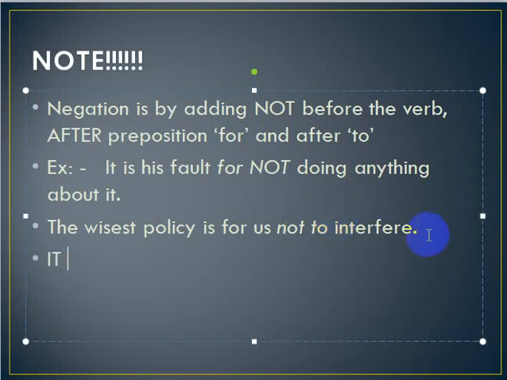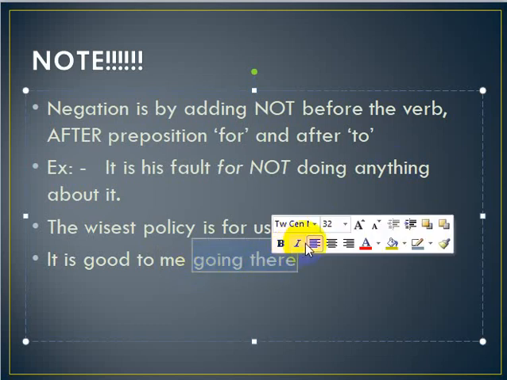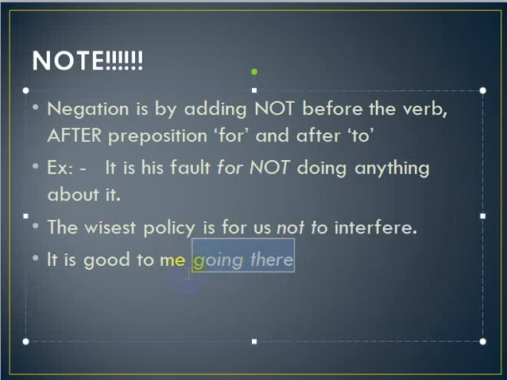It is good to me, going there. Here, going there is the non-finite clause with the present participle, ing. Now here, to is not an infinitive, it is a preposition.